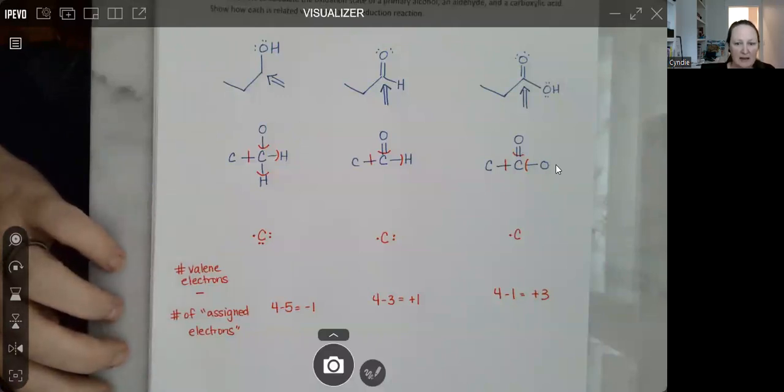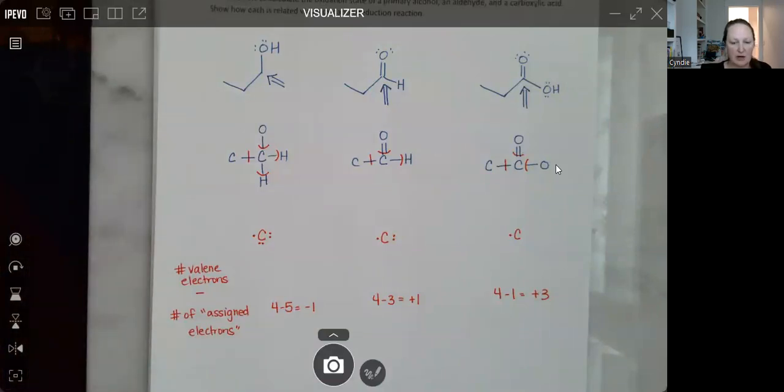So if we think about our oil rig, or Leo the lion says grr, we know that oxidation is loss of electrons. So Leo, lose electrons, oxidation. Electrons are negatively charged, right? If we're losing electrons, we're losing negative charge or getting more positively charged.